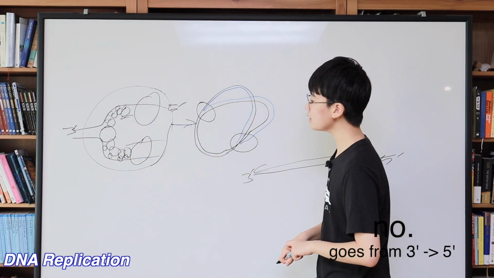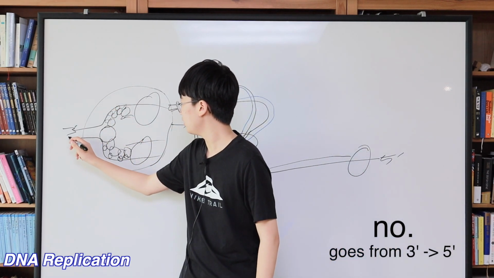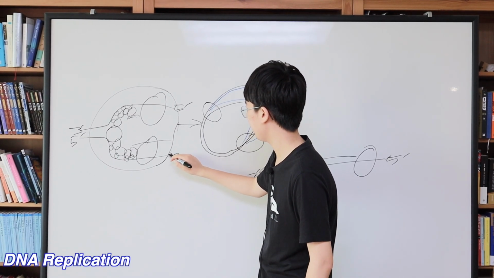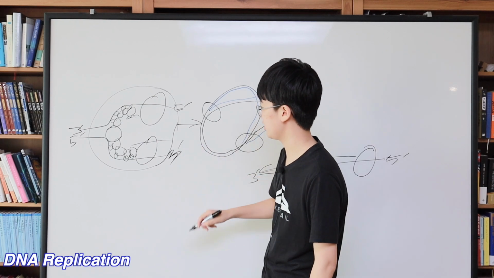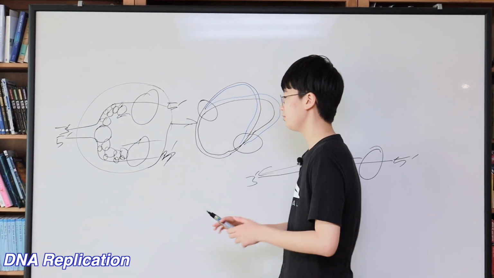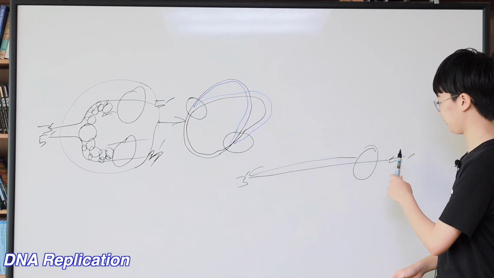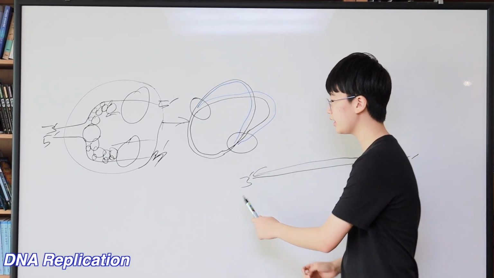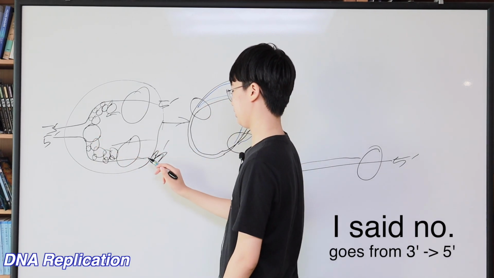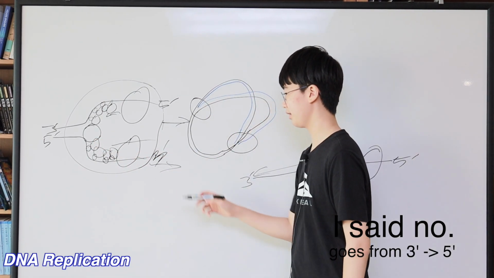But this over here is 5 and this strand is 3. This is a 3' and that's the 5'. But the polymerase has to go from 5' to the 3'. But the DNA is coming here like that and that.